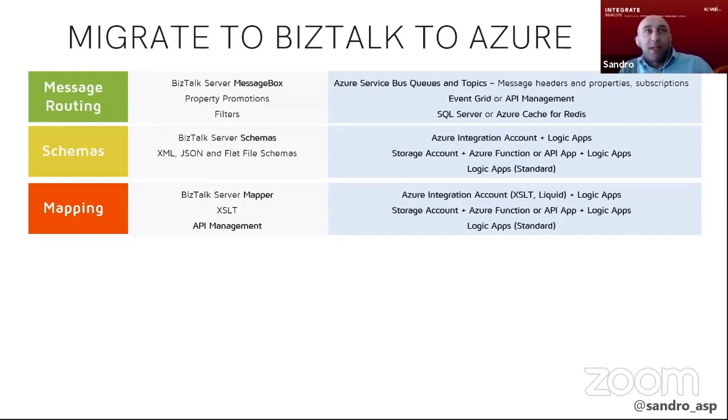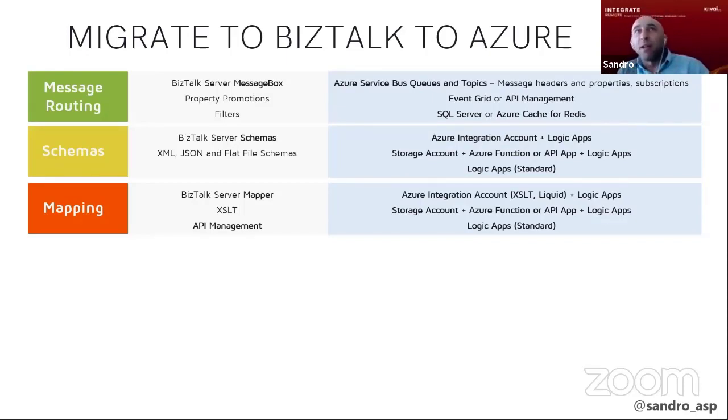Mapping, well, there is BizTalk Server mapping. There is XSLT. If you want Liquid, yeah, you sometimes can do it in API Management also, and then route them to BizTalk, taking advantage of the integration features on Azure and this hybrid connectivity available in BizTalk to do these JSON to XML or JSON to JSON mappings.